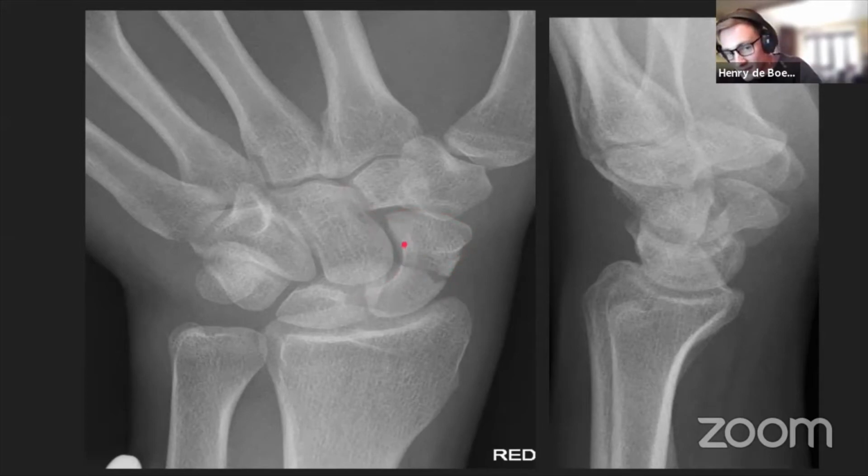But when you see the abnormality, make sure you look at the rest of the film, because there might be a second abnormality. But there's nothing else that I'm seeing on this AP. So just this scaphoid. Looking on the lateral.